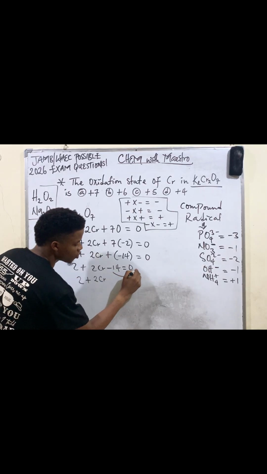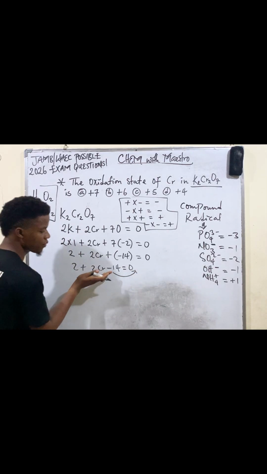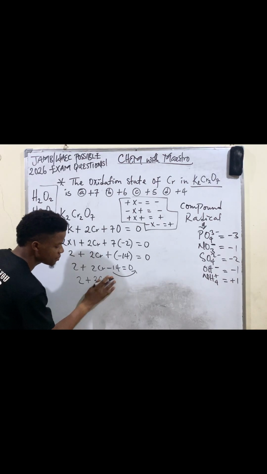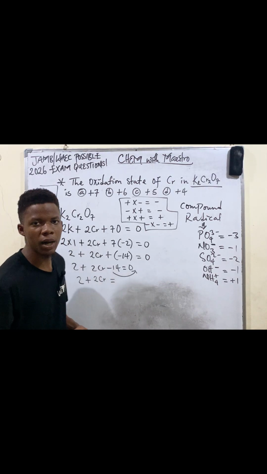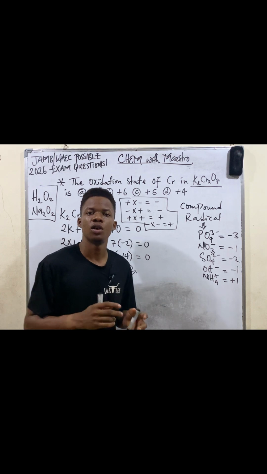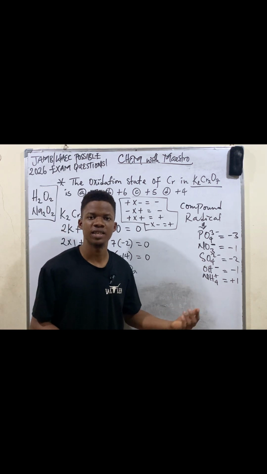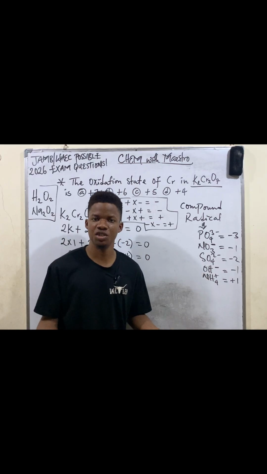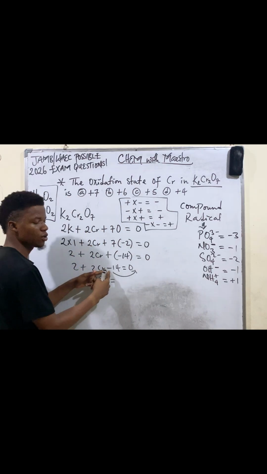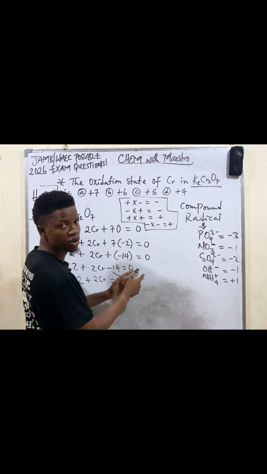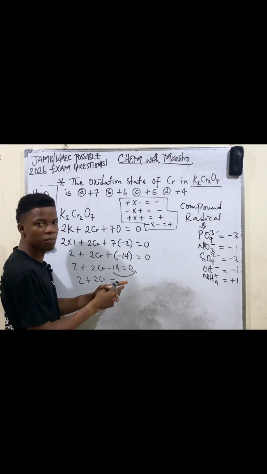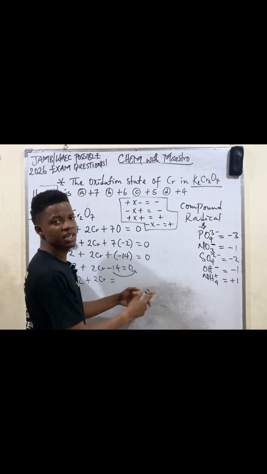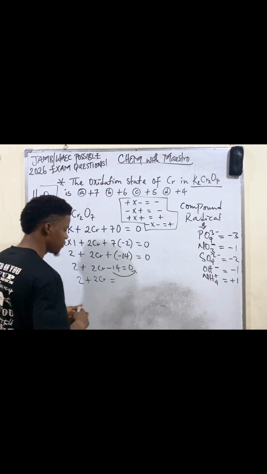Minus 14 we have to cross over the equal to sign. When a number crosses over an equal to sign, the sign of that number changes. If it's negative crossing to the other side, it changes to positive. If it's positive crossing to the other side, it changes to negative.